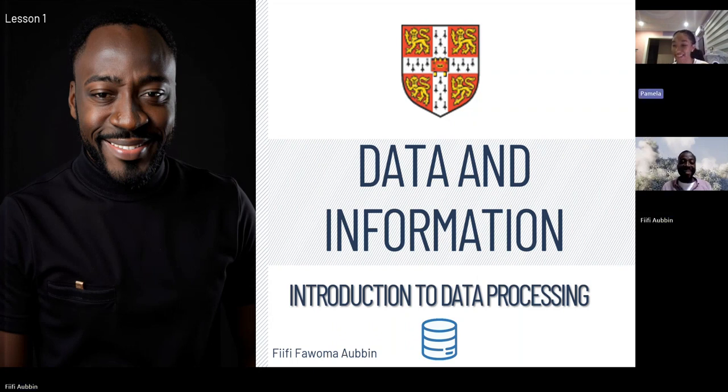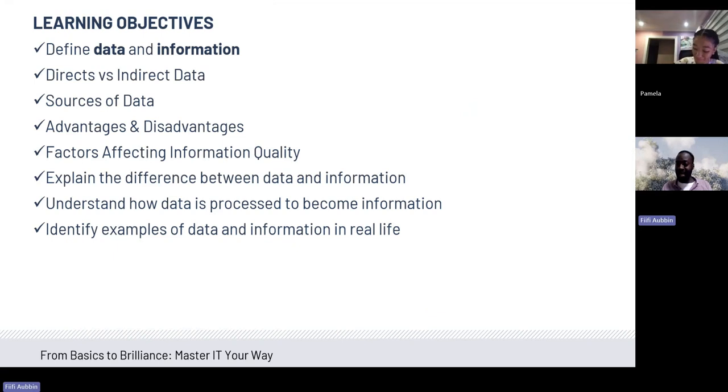Okay? Yes. Good. So let's look at our learning objectives for today. So we're going to define data and information. And you said data is the same as information. So let's see if it's true. We're going to also look at direct versus indirect data. We'll also look at sources of data, advantages and disadvantages.